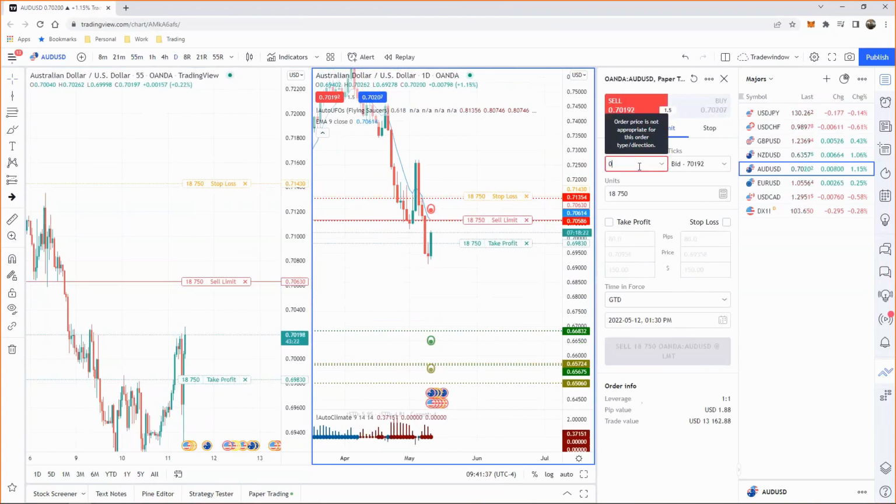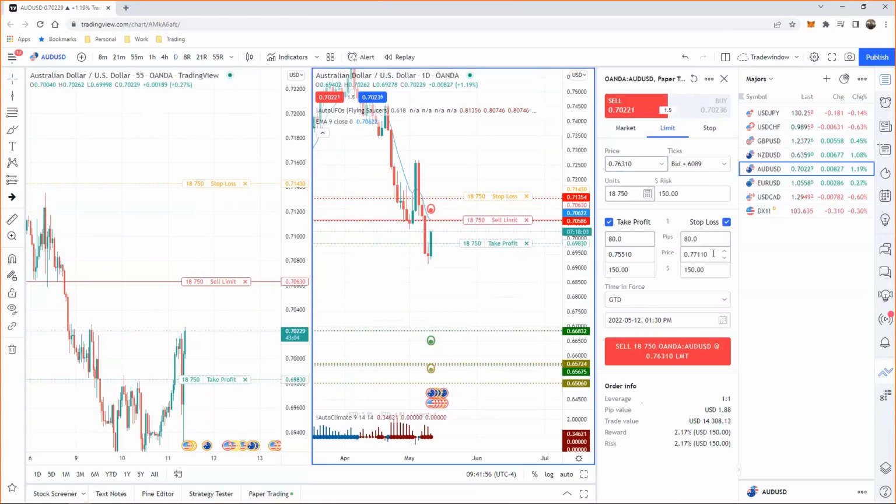Now we said it's 0.7630, right? That was our entry point. Now for this one, again, because this is just TradingView, it's not you, it's not me, it's TradingView's thing, I have to change the entry point so it doesn't cancel out my setup.